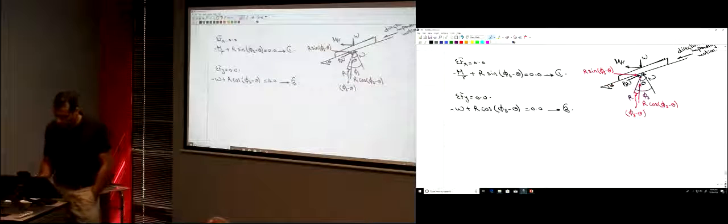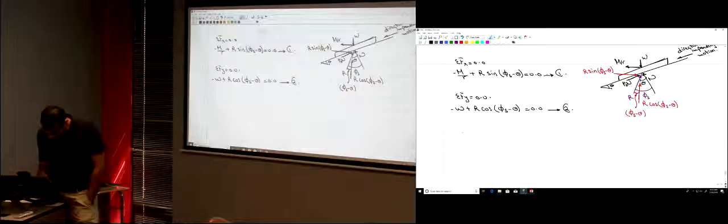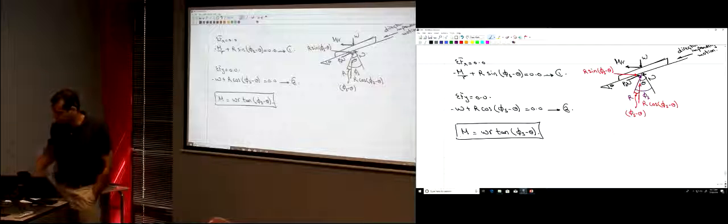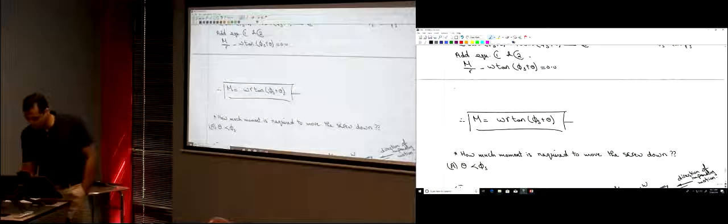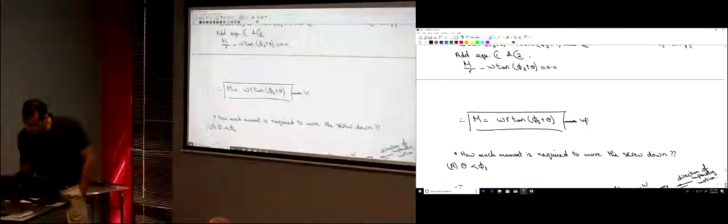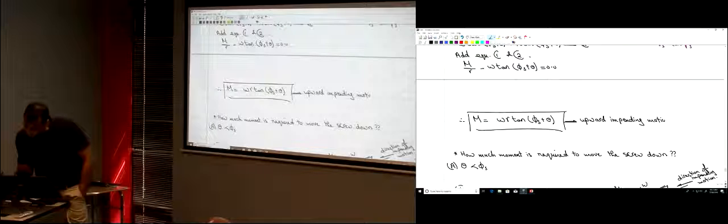So we're going to have here M is going to be WR tan phi s minus theta. So here we got this formula. This formula is for upward impending motion.